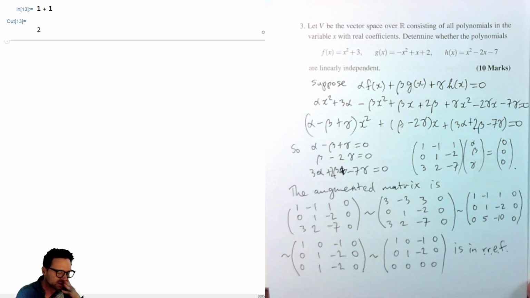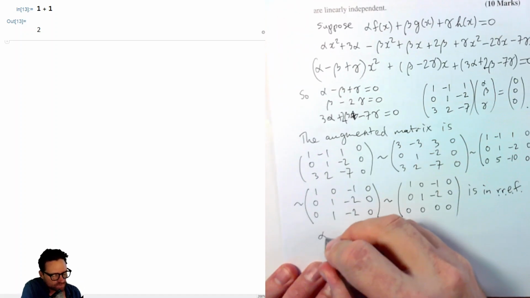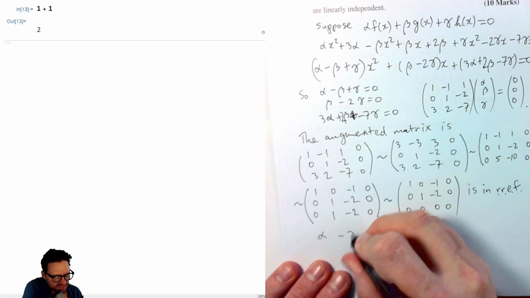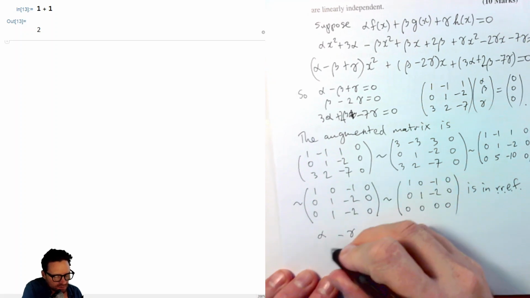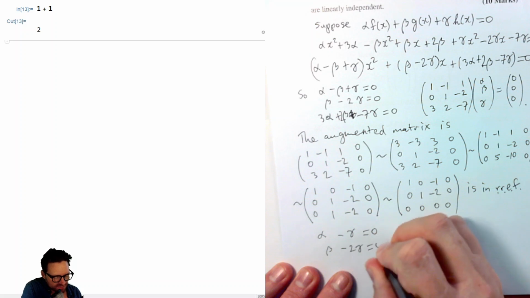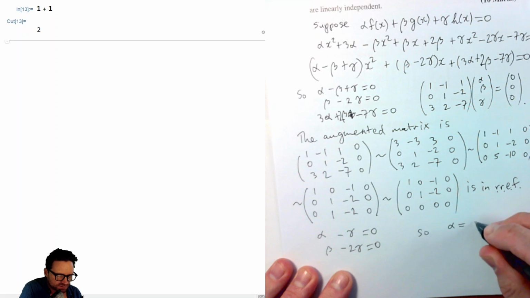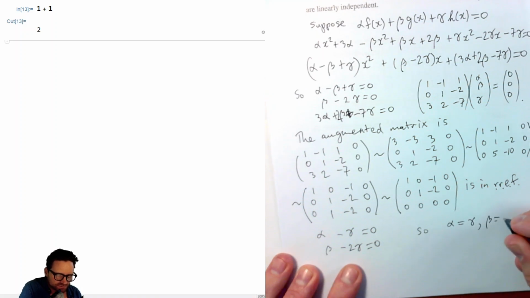Okay, so how do we interpret this now? So now we can go back to the equations and say that this says alpha minus gamma is 0 and beta minus 2 gamma is 0. And so what this says then is alpha is equal to gamma, beta is equal to 2 gamma, and gamma is equal to gamma.